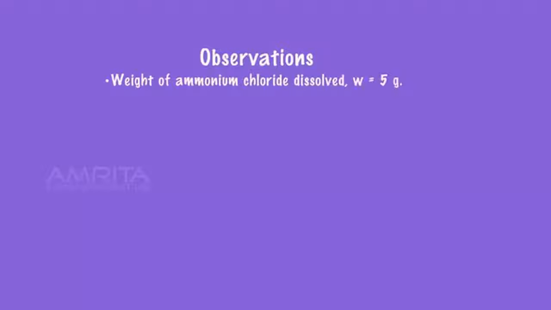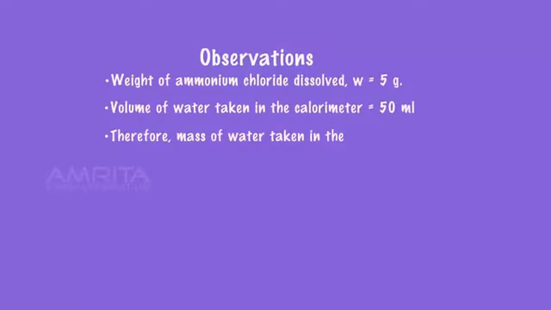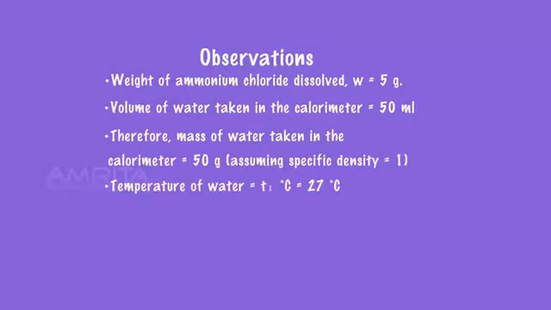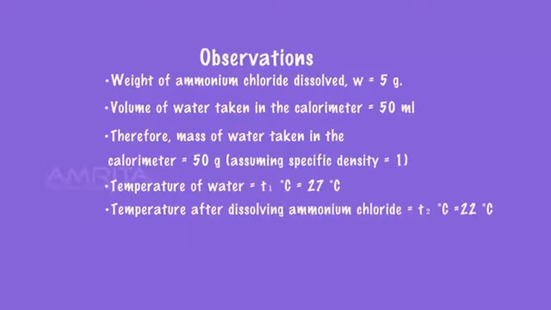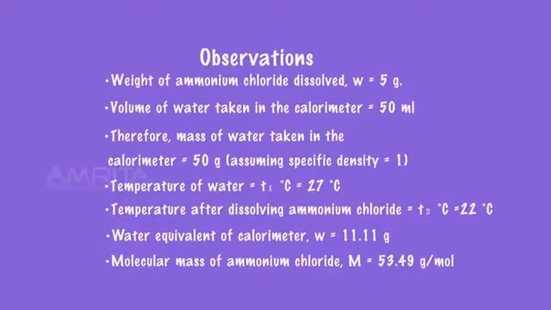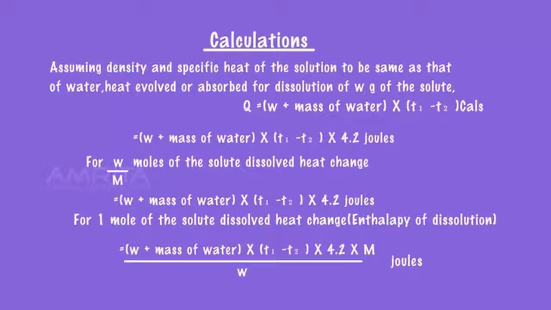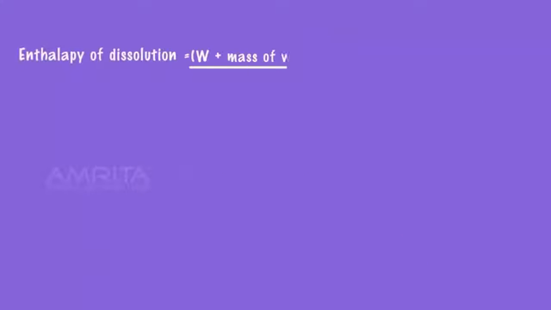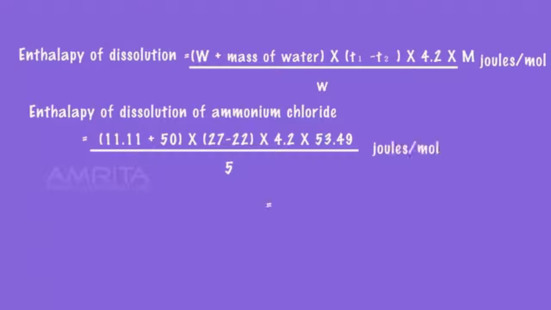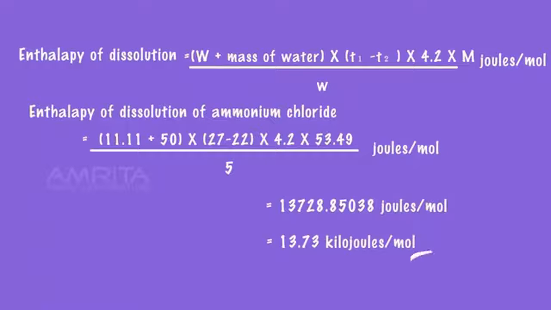Record the observations. Calculate the enthalpy of dissolution of ammonium chloride. The enthalpy of dissolution of ammonium chloride is 13.73 kilojoules per mole.